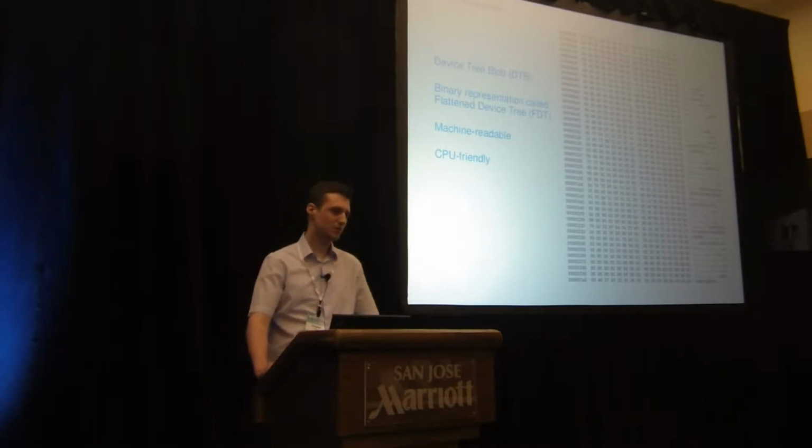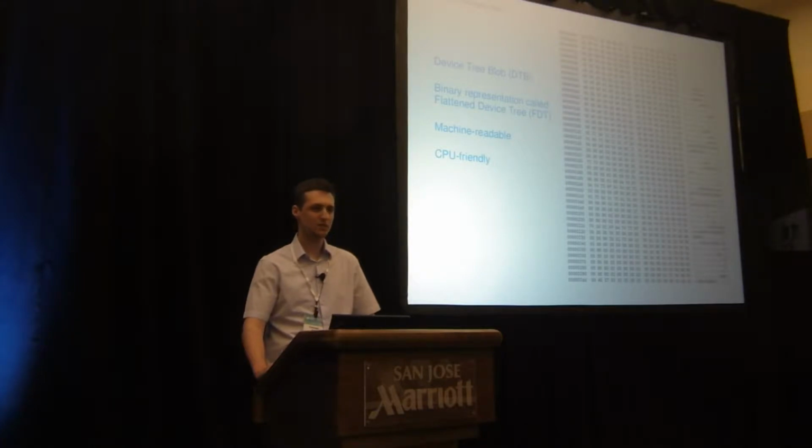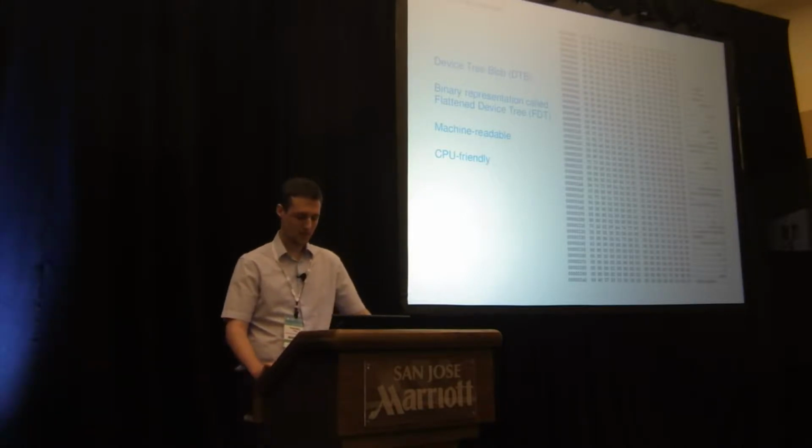A useful property of FDT is that kernel code can simply store pointers to data of the DTB stored in memory to address property names or stored values. So there's no text parsing involved.